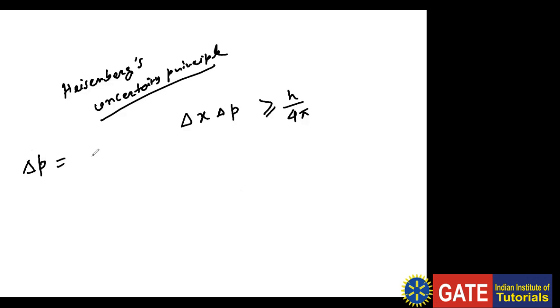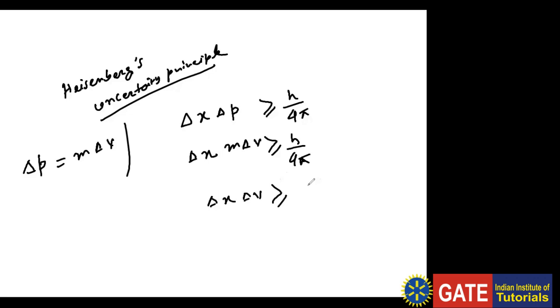Delta p is nothing but m into delta v. Why m into delta v? Because momentum is mass into velocity. Velocity can change, mass cannot change. So delta x into m delta v. That means we can write delta x is equal to... Note it down.